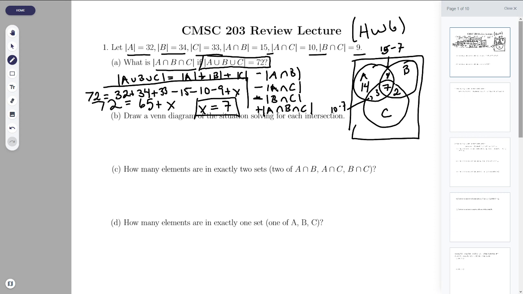And so then if we do 34 minus 17, that will be 17. And finally, 12. So what do we have? We have 33 minus 12, which is 21. And actually, we don't know what's out here because I don't give any information about that.